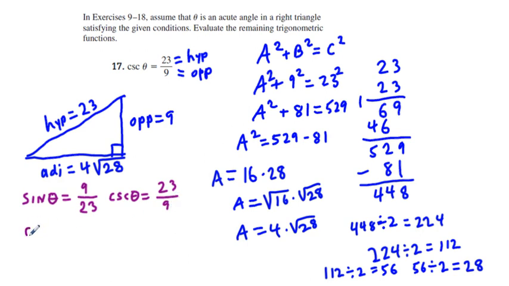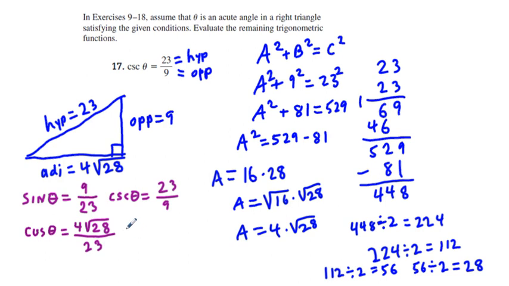Our cosine theta is going to be equal to our adjacent, which is going to be 4 square root of 28 over our hypotenuse, which is 23.